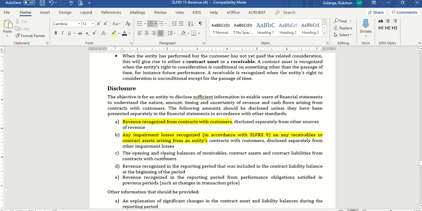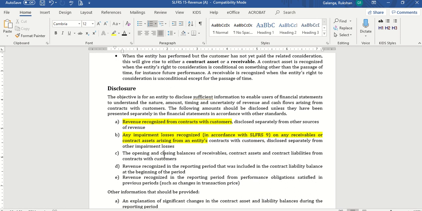Sometimes, even though we recognize the revenue in the financial statements, in respect of some customers we debit the trade receivable account and credit the revenue account, but still we do not collect the money from them, right?